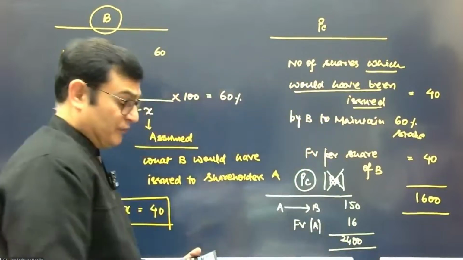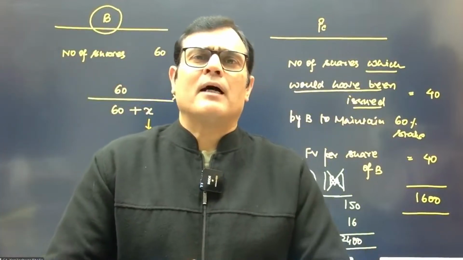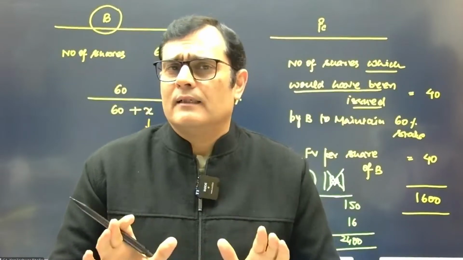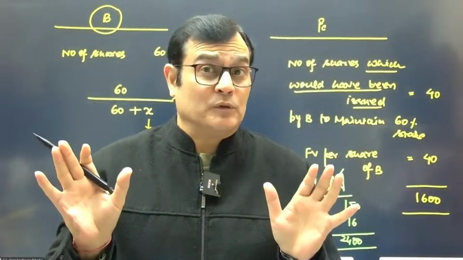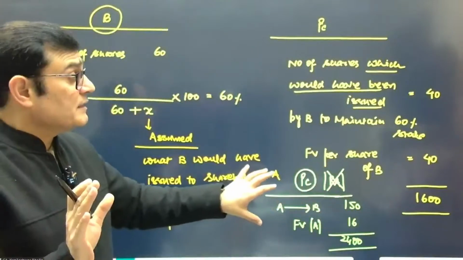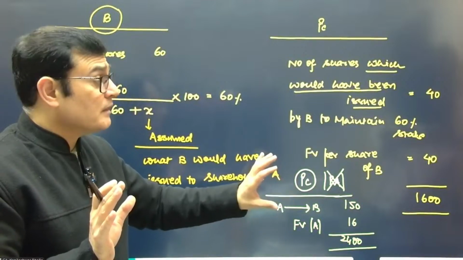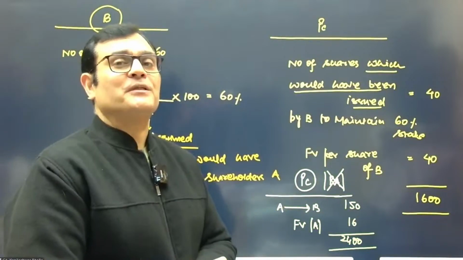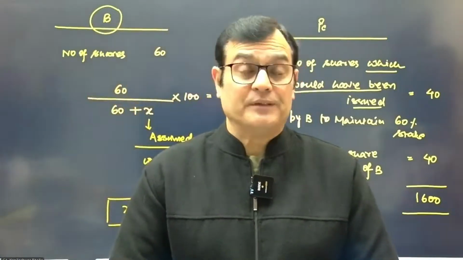2400. Great, wonderful indeed. Now you must be thinking, why am I calculating the purchase consideration in the ordinary way? I don't need that. I've just computed it for the sake of understanding some more concepts. This is the purchase consideration which is generally calculated: the number of shares issued into the fair value per share, and you get the PC. But in a reverse acquisition, this is not the PC.